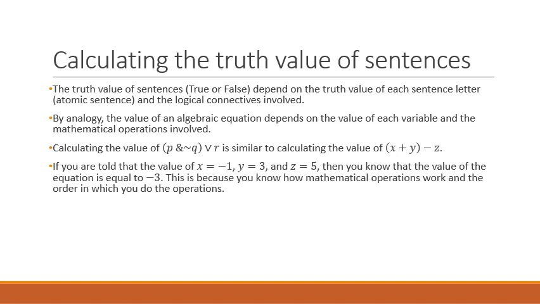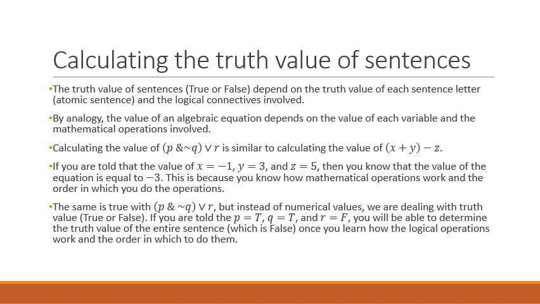So what we want to do is be able to do something similar with our logical expressions. The difference, though, is that our variables, our p's and q's and r's, only have two values. It's either going to be true or false.